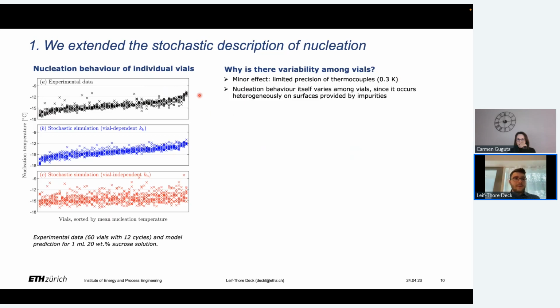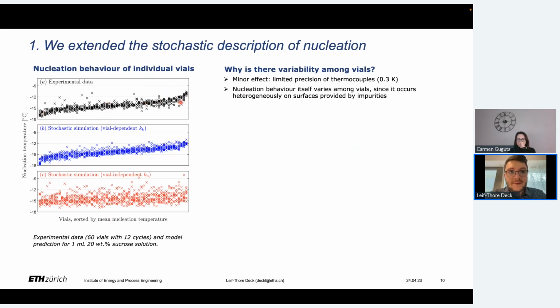So this is very much not an effect of the precision of our temperature readout. Rather, it's an effect of nucleation itself, because ice nucleation is widely known to occur heterogeneously, meaning it is happening on surfaces provided by impurities. But this means in practice that some vials might actually have different impurities from other vials, which leads to this variability.